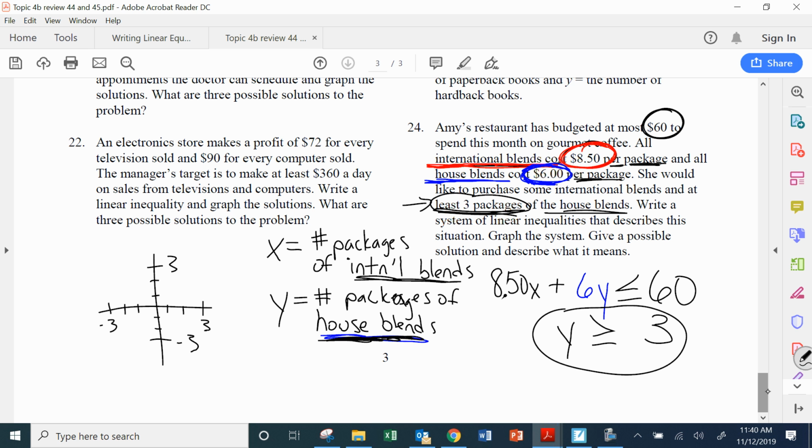Well, Y is greater than positive 3 where? Well, it's greater than or equal to positive 3, anywhere above that line. So that's where Y is greater than positive 3.